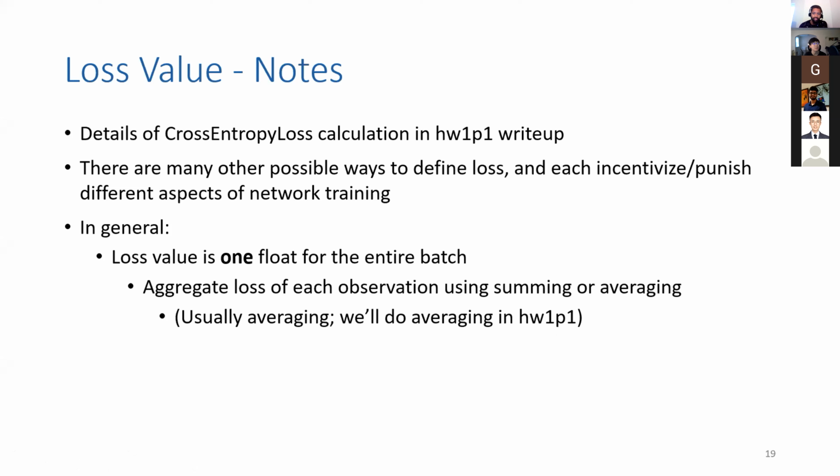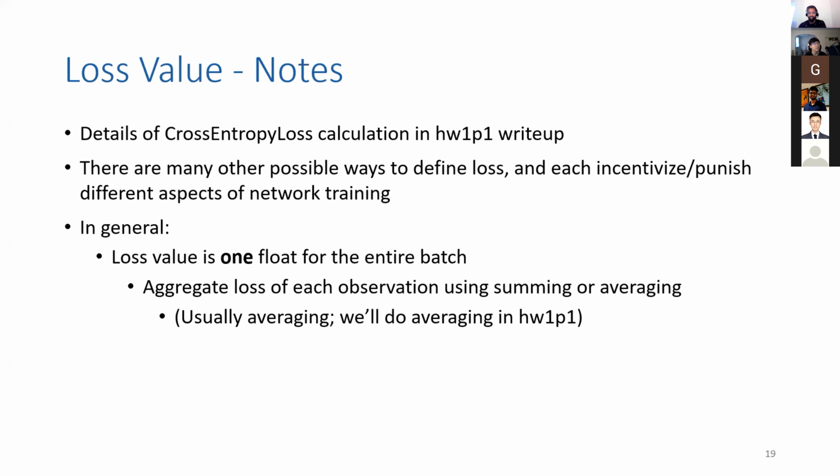And you know, again, the reason you want to look at different loss functions is they incentivize and punish different aspects of network training, which we'll talk about in the next slide. But just some notes: loss value is 1 float for the entire batch.